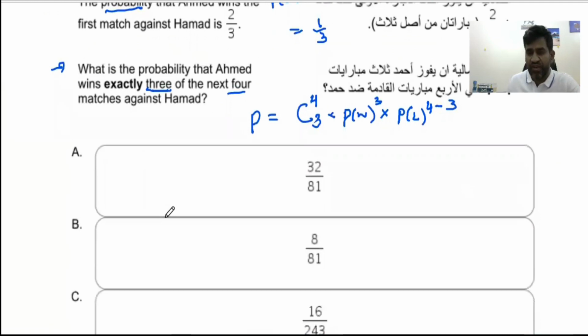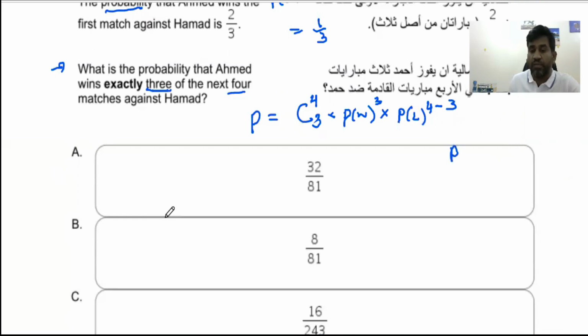So probability is equal to C(n, k) times P of W to the power k times P of L to the power n minus k. I'm just writing the formula over here.